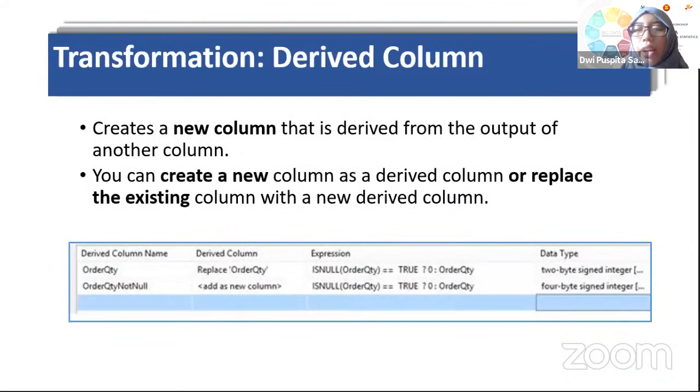Then next is derived column. As the name says, derived column is when you create a new column based on an already existing column. So you derive a column into a new one, usually using some expression. It can be a mathematical expression. For example, you want to calculate the profit that a shop is earning. Maybe you multiply the sales amount with the price and you get the turnover value.